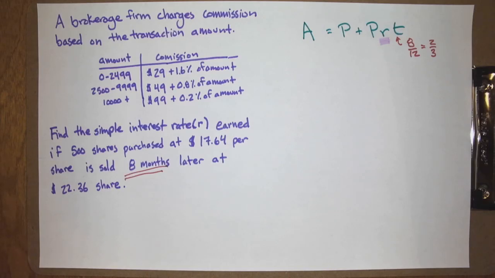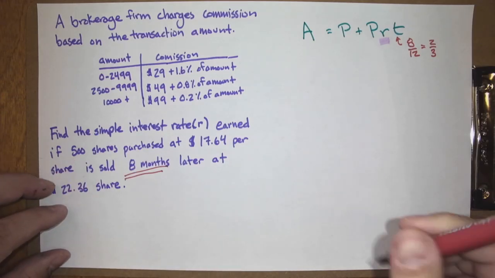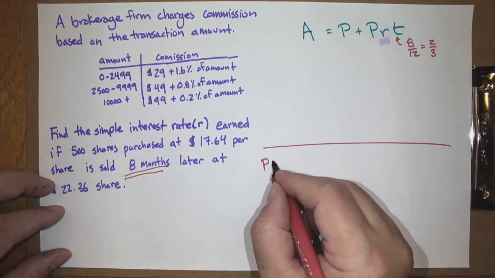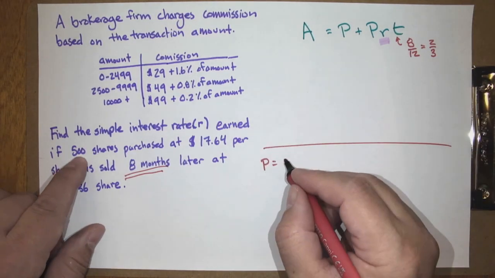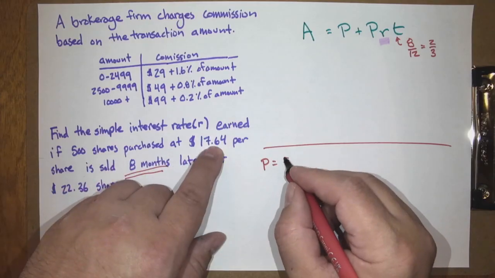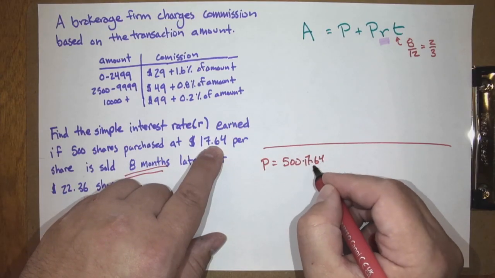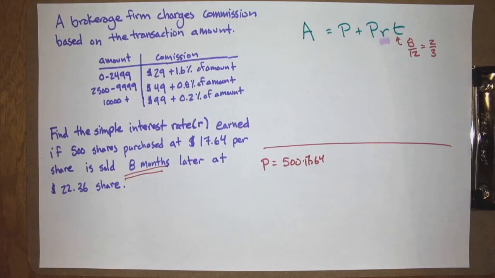All right, let's start with the present. So the present, we want to invest. What is P? We're going to make some notes here. Well, we have 500 shares, each at $17.64. So take 500 times 17.64.